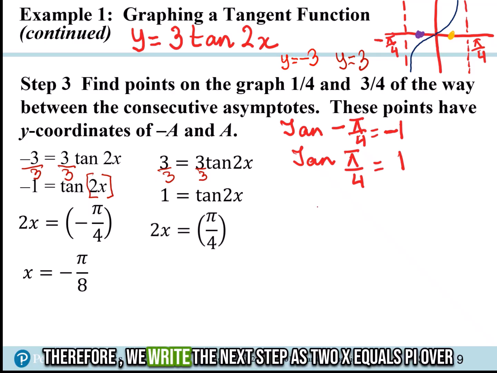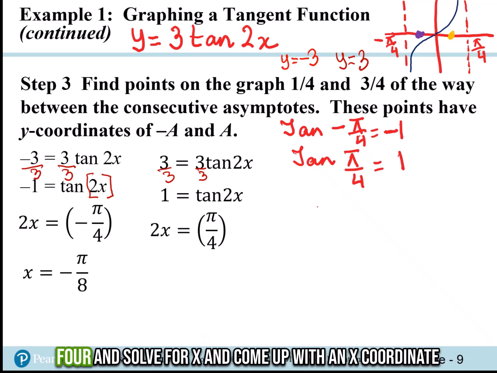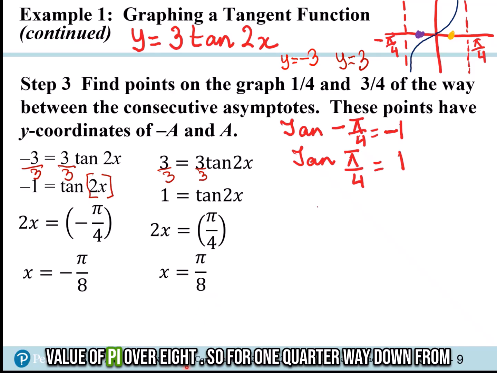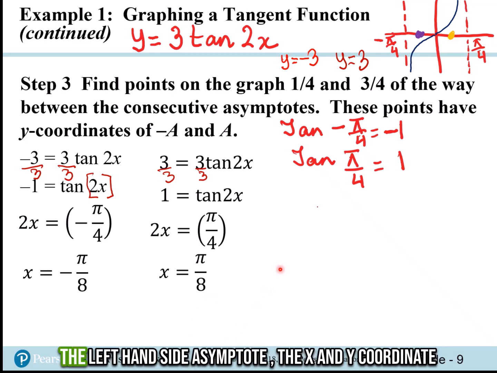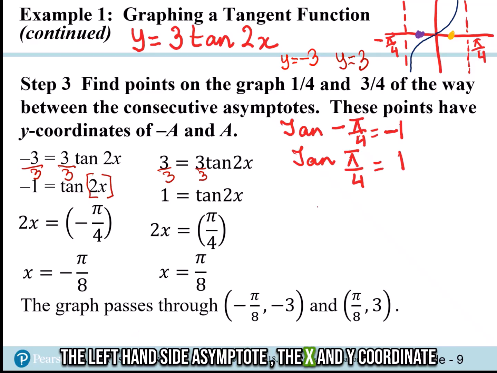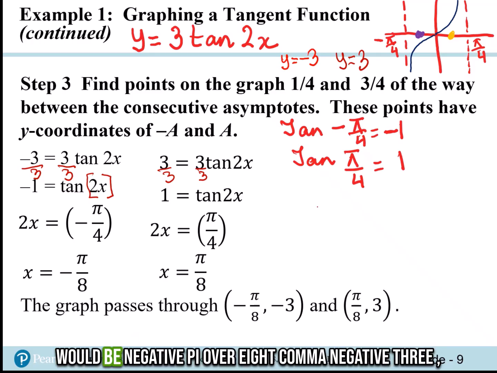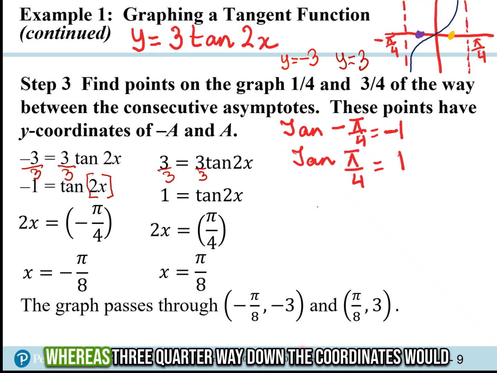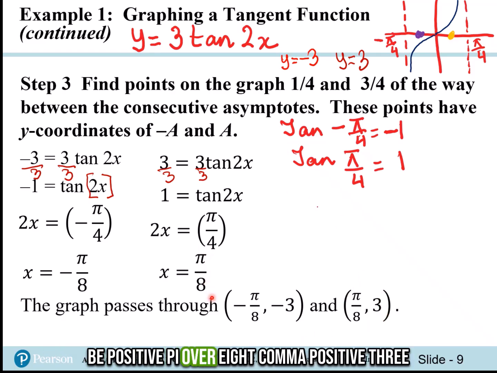Therefore, 2x equals pi over 4, and solving for x we come up with an x coordinate value of pi over 8. So for 1/4 way down from the left hand side asymptote, the coordinates would be negative pi over 8 comma -3, whereas 3/4 way down the coordinates would be positive pi over 8 comma positive 3.